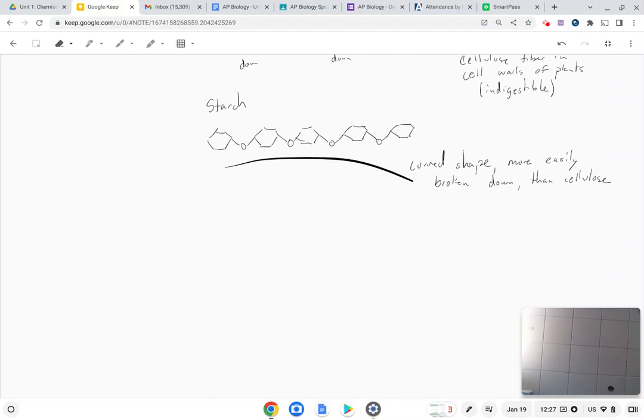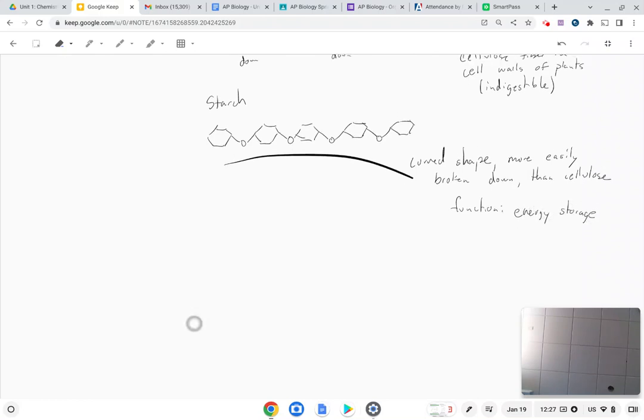Okay, and so in terms of function, starch is energy storage. Think of a potato. A potato is full of starch, and that's actually the plant's method of storing energy. The plant stores energy in these little tubers that are underground. You guys ever dug up a potato before?